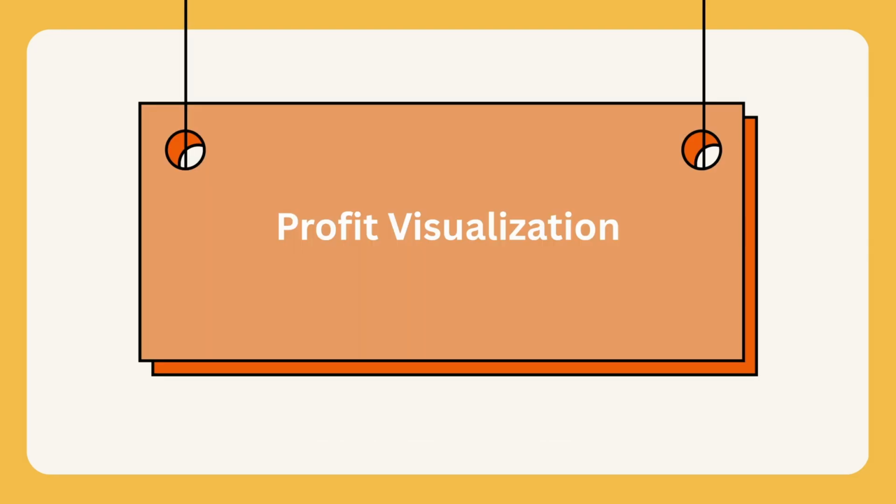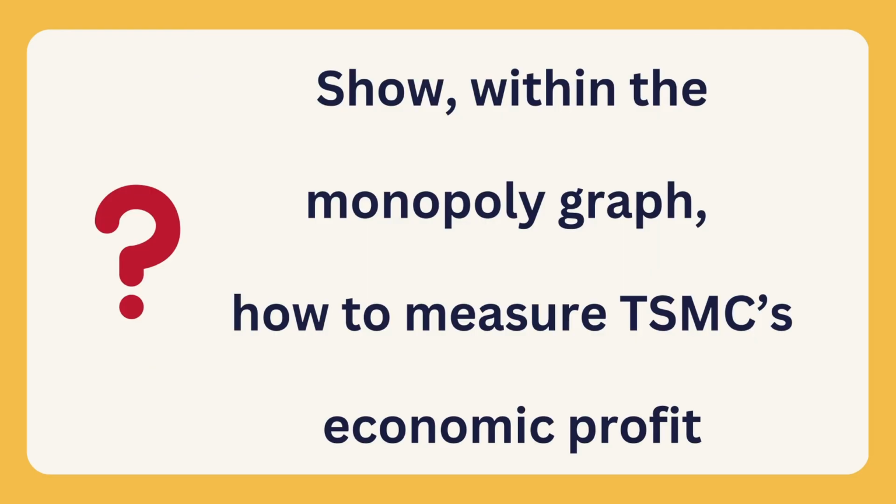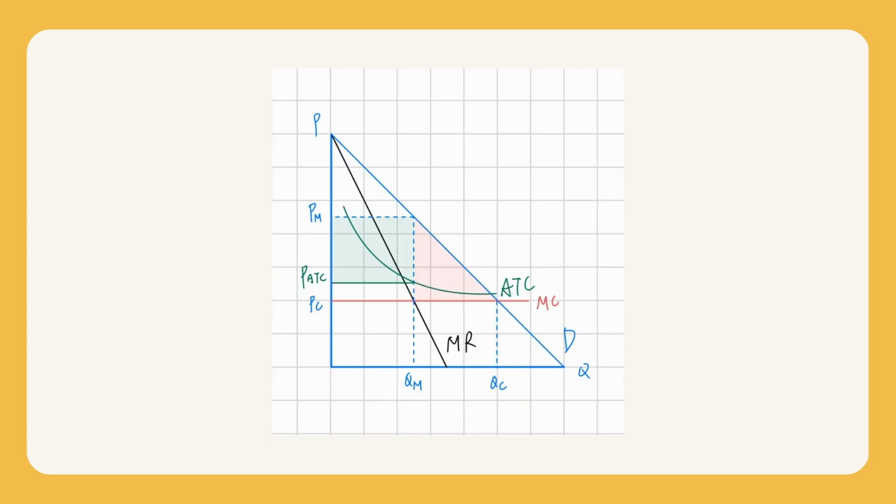Okay. The third question, profit visualization. Show within the monopoly graph how to measure TSMC's economic profit. Okay, based on this diagram, as we mentioned before, we determine the quantity where MR equals MC, and we find Qm.